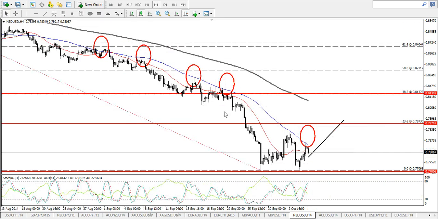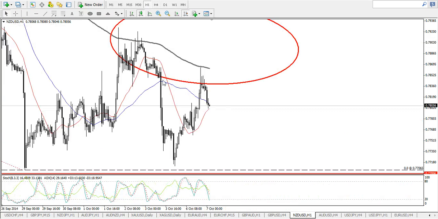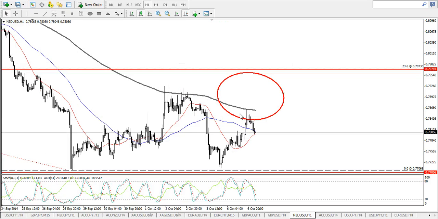So therefore again, this might be a time to go for a short opportunity. The retracement might have just ended. It might be a very short-lived retracement. So then again, if a setup is available, we can go for the short opportunity.